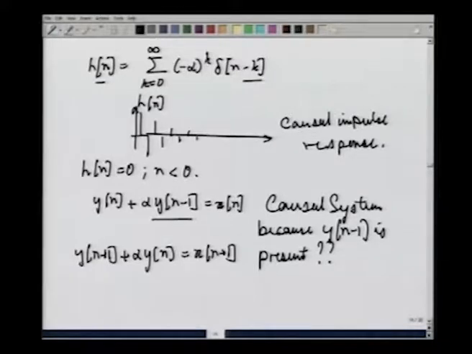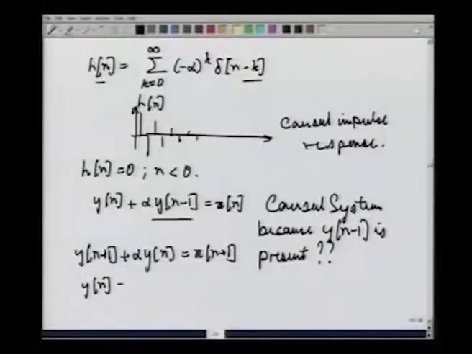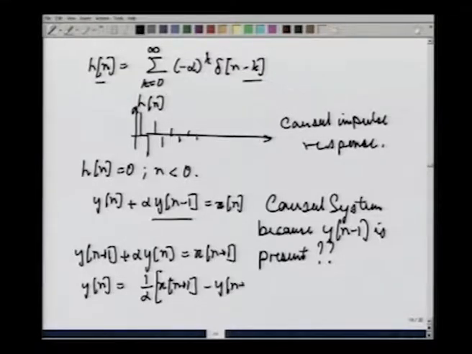So, this is the equation I have. Now, let me transform it suitably to get an expression for y[n]. What will I get? I get y[n] equals 1 by alpha times x[n+1] minus y[n+1].